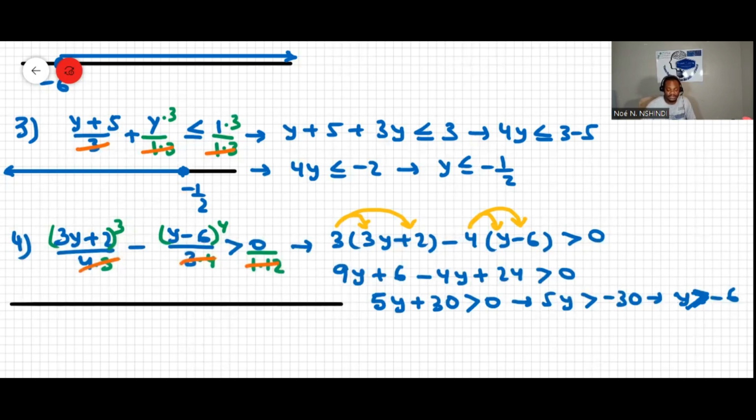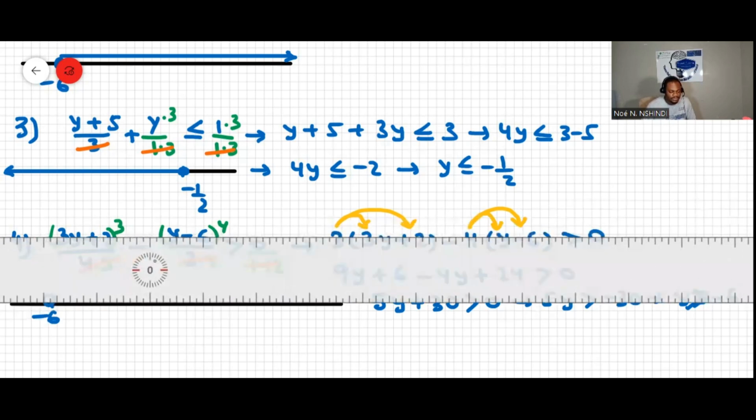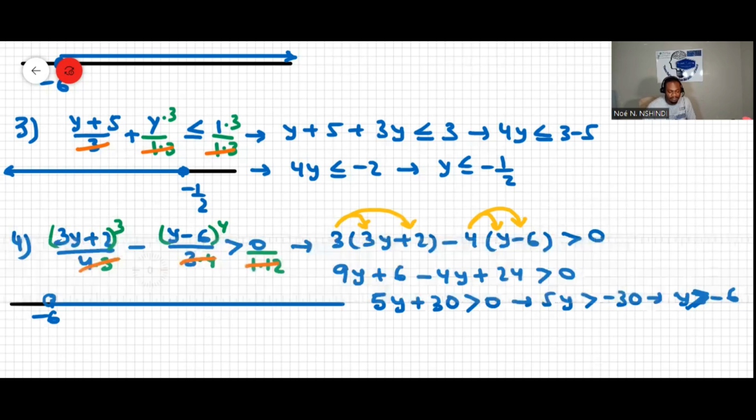We look at it's greater than negative 6. Let's say negative 6 is somewhere there, and then I want to put an open circle at negative 6, and then there I can just draw a number line there. That's question 4.